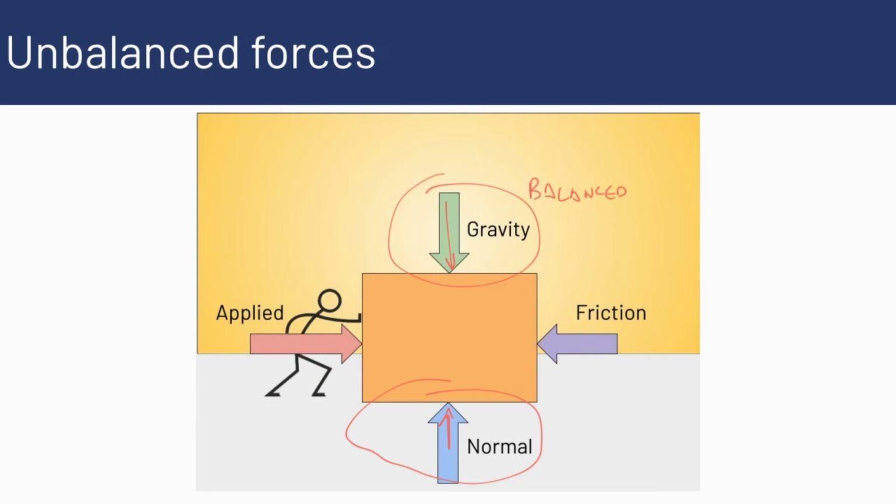Now we have an applied force pushing to the right, and we have friction opposing that force, to the left. The applied force arrow is longer than the friction force arrow, and so that implies that the applied force is a greater force than the friction force. So this is unbalanced.